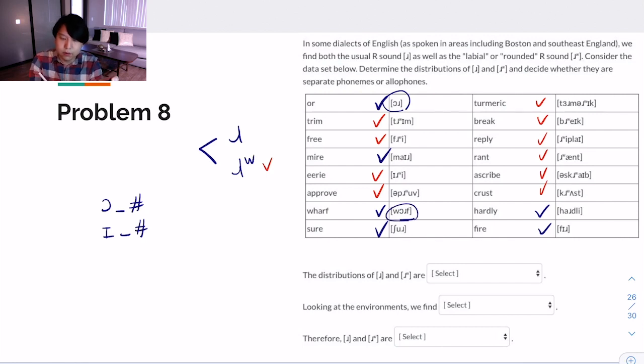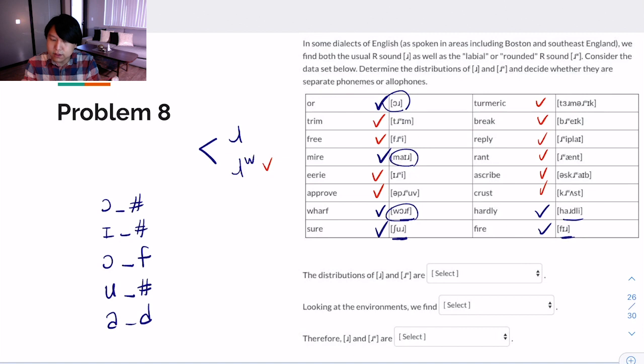Wharf, between O and F. Sure, between U and word final position. Hardly, that's between A and D. And fear. So there are 6 non-overlapping environments we've already found.